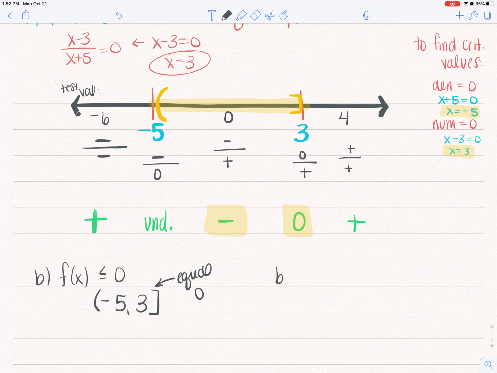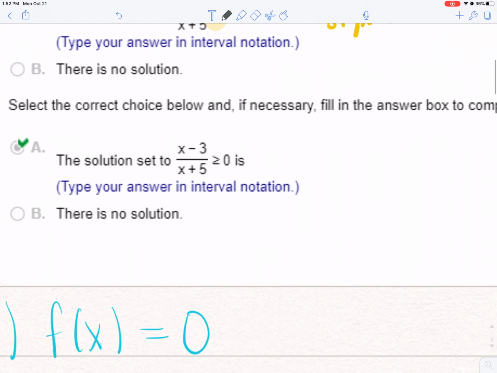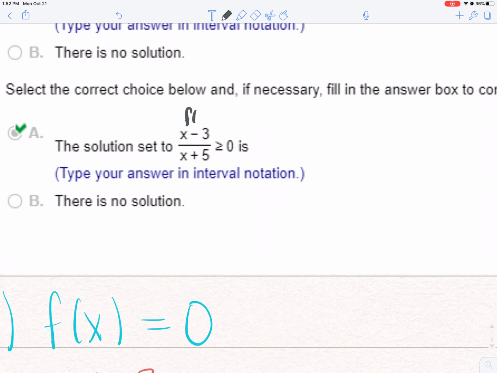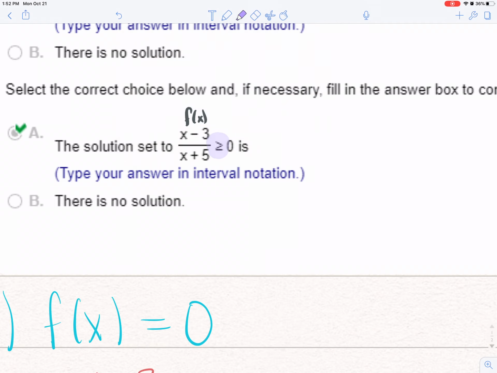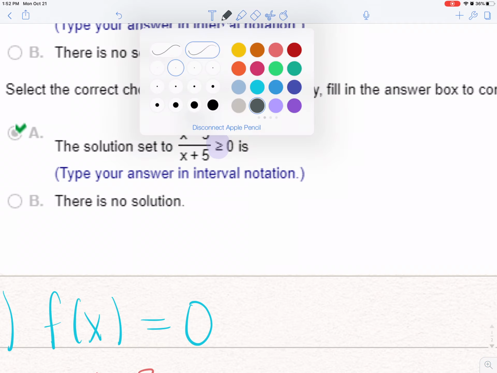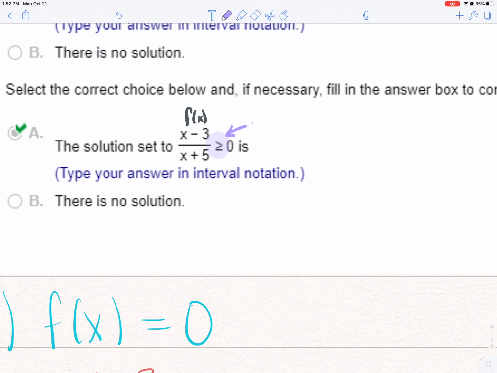The second part they asked me to do was to find where f of x is greater than or equal to 0. So that's going to be where it is positive. So right here, where f of x is greater than 0, that's going to correspond with where it is positive on the sign chart. Now remember, I include zeros.